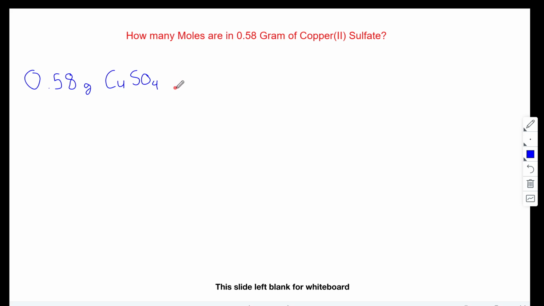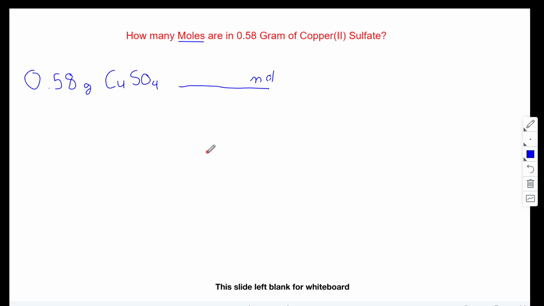Now we're going to draw our conversion line. Next, on top we put the unit that we want. You can tell what unit we want because it's usually indicated. It says how many moles or how many grams or how many liters. It doesn't really matter which. It says how many of it, and that's what's going to go on top. So we're going to put moles, and because we're lazy, we're going to write MOL for moles.